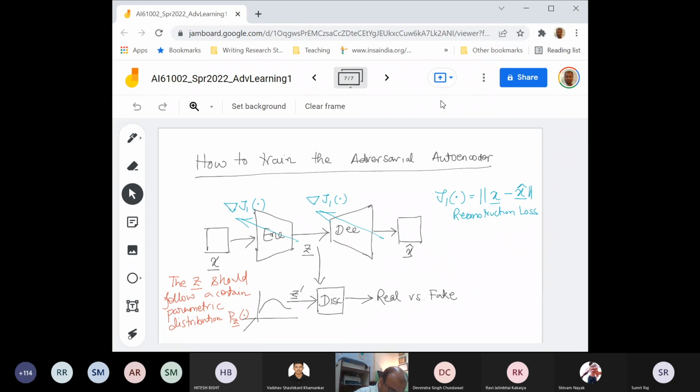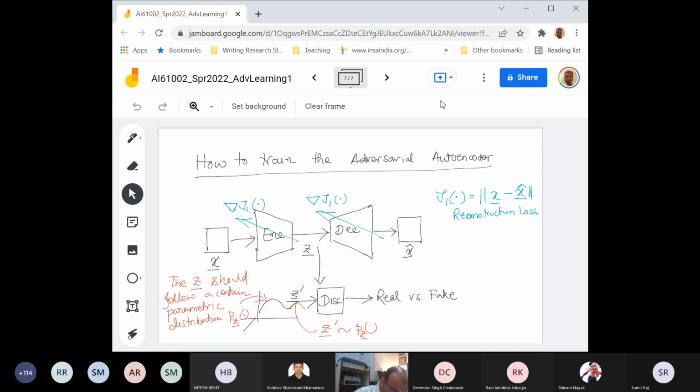Now this parametric distribution is this distribution. Say that this comes from this particular distribution; I can draw some random samples. So Z prime is a random sample which is drawn from PZ. Now what I am doing is I create another neural network over here, which is called a discriminator.